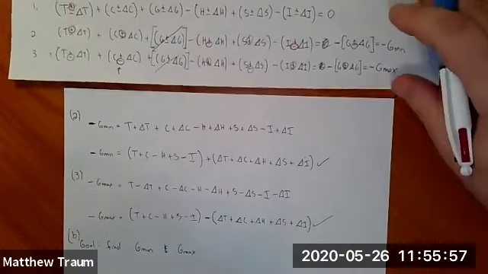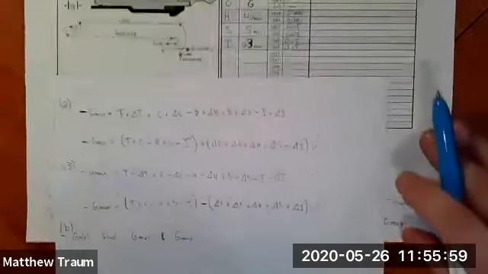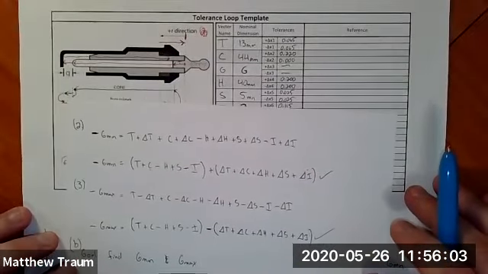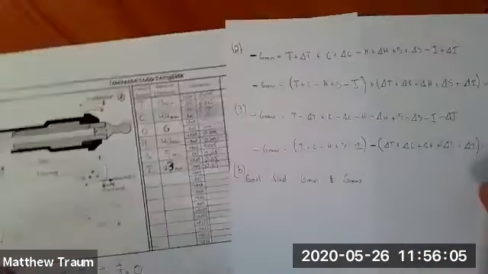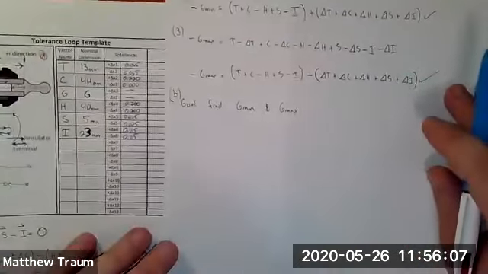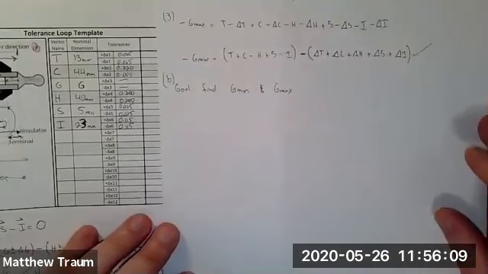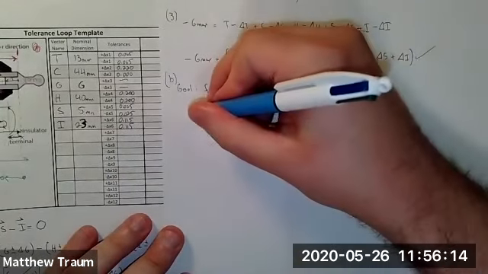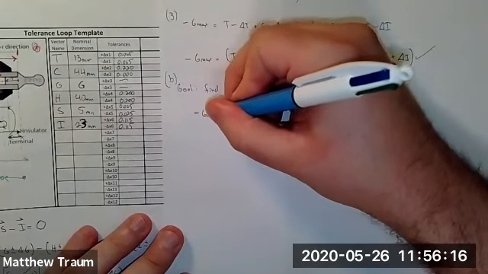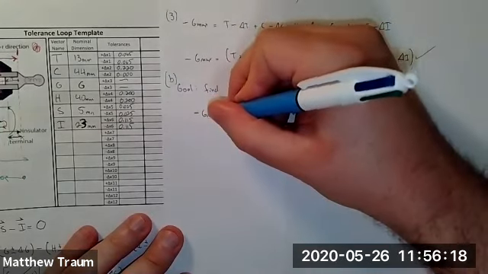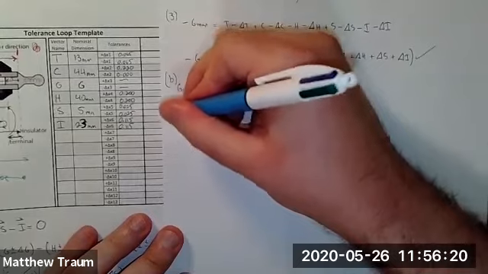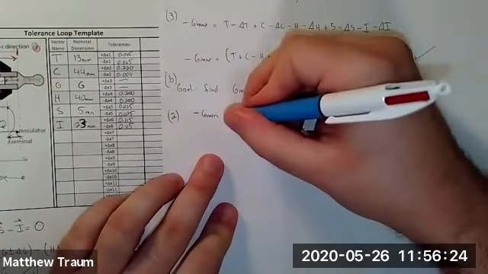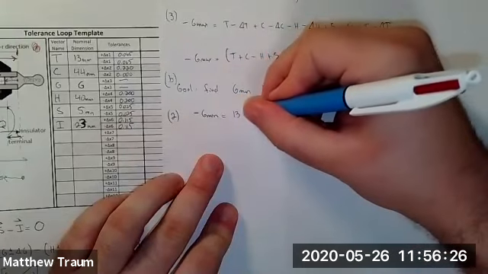So here's where I'm going to go back to my trusty set of equations here. I'm going to run out of room. Okay, let me see if I can do it this way. Yep, there we go. And so for minus Gmin, I'm just doing equation 2 again. T is 13 millimeters.